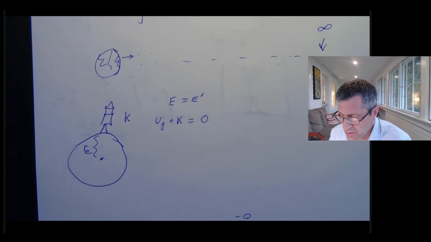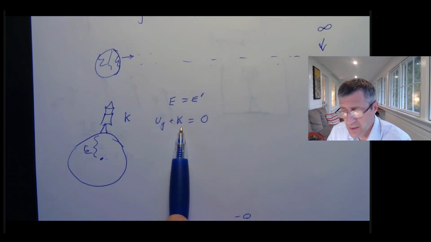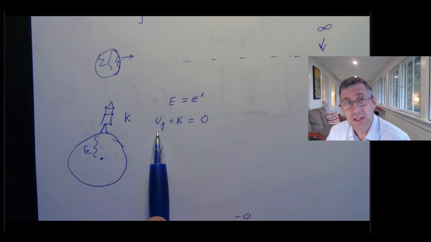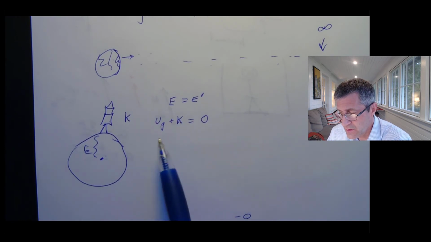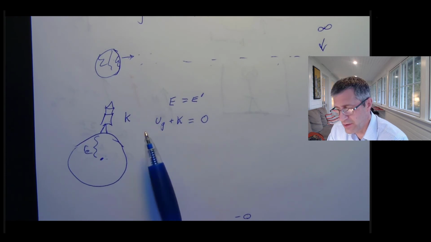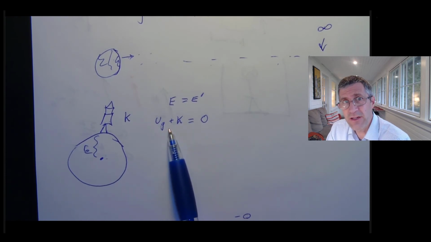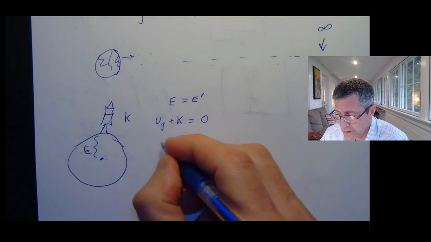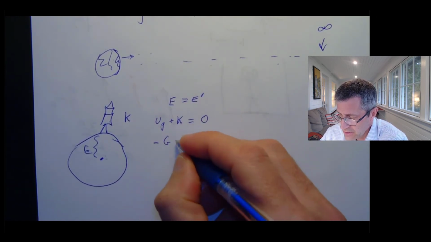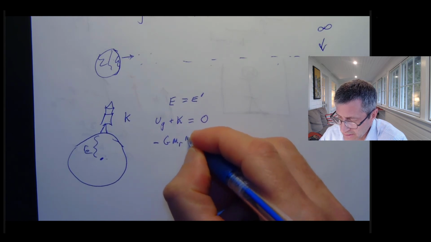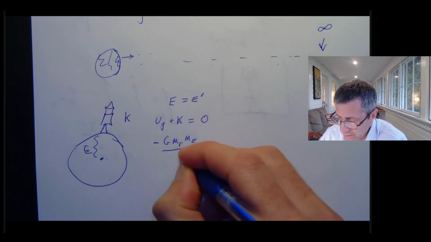This is where the negative sign becomes really important, because I can't have negative kinetic energy, but I do have a negative value for potential energy. I'm not saying that there is such a thing as negative energy. I'm just saying that the way that we account for potential energy, I can have a negative magnitude on that. Okay, so now I'm going to plug in some numbers. I'm going to have negative G times the mass of my rocket times the mass of the Earth divided by the radius of the Earth.